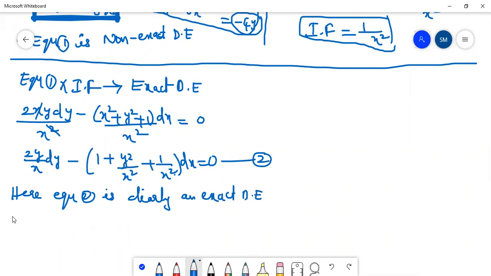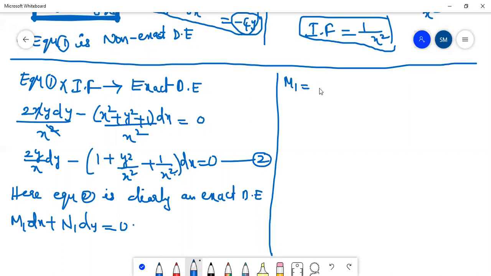It is compared with M1 dx plus N1 dy equal to 0. Here M1 is minus (1 plus y squared by x squared plus 1 by x squared).